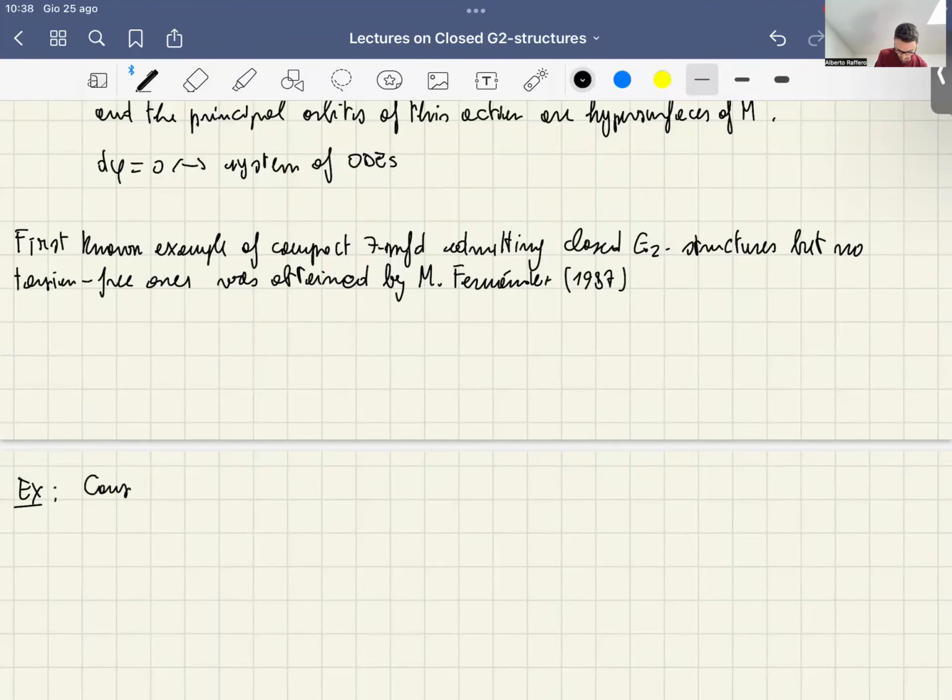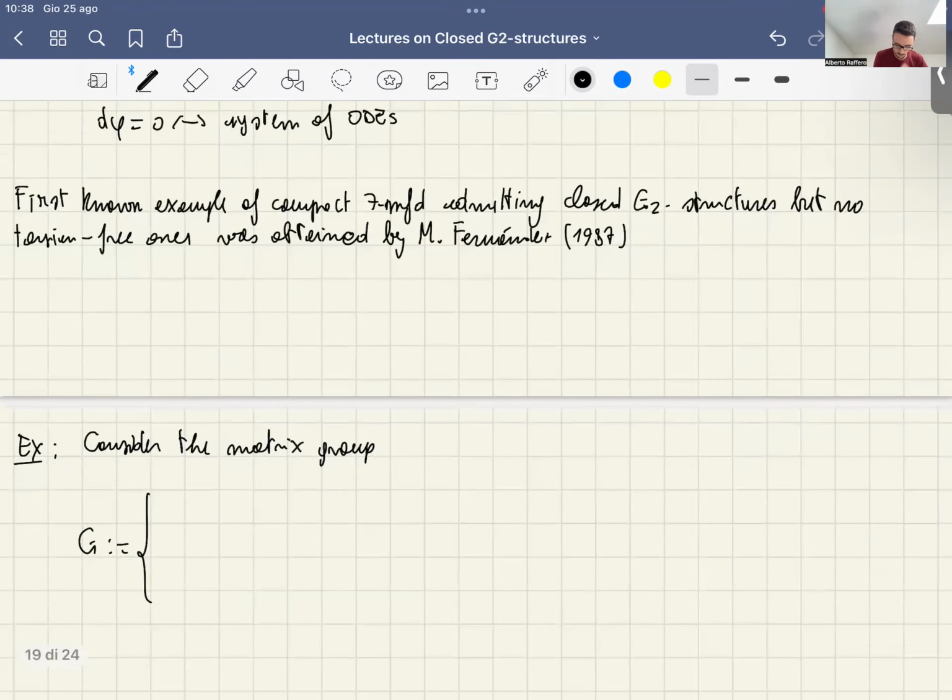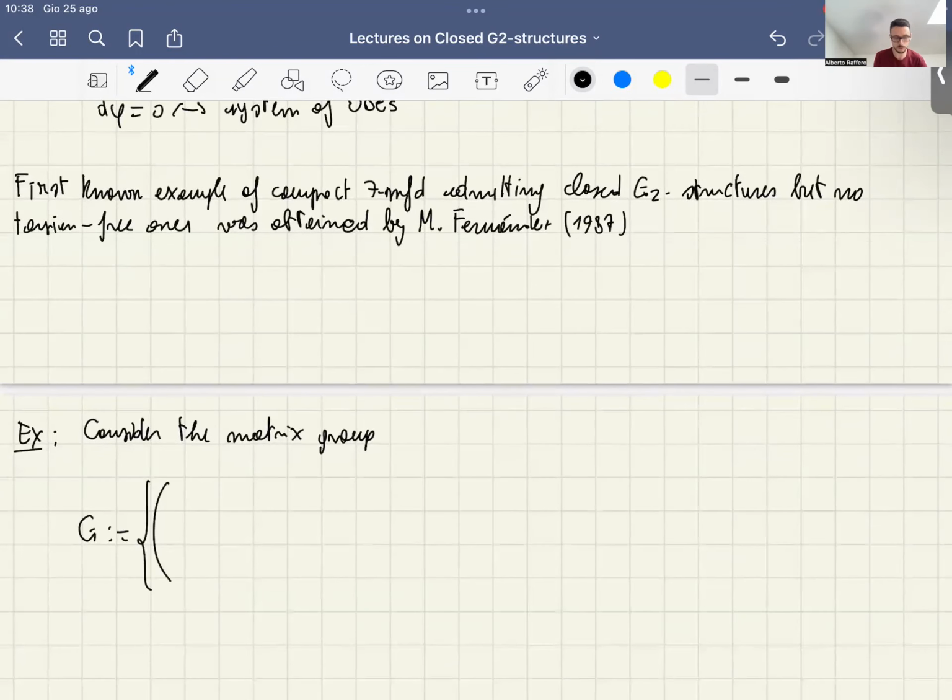You consider the matrix group, let's call it G, given by 5 times 5 upper triangular matrices of this form.